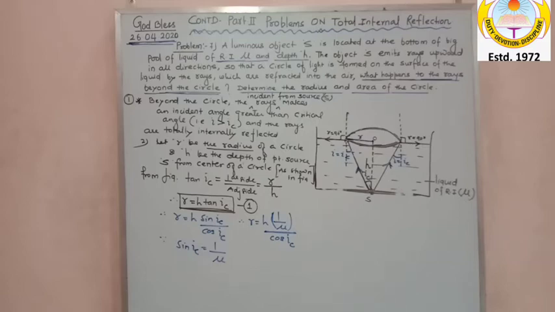This is the 7th question on the topic. I hope everybody is aware of the value of sin IC, which is 1 upon mu. I hope it is clear.